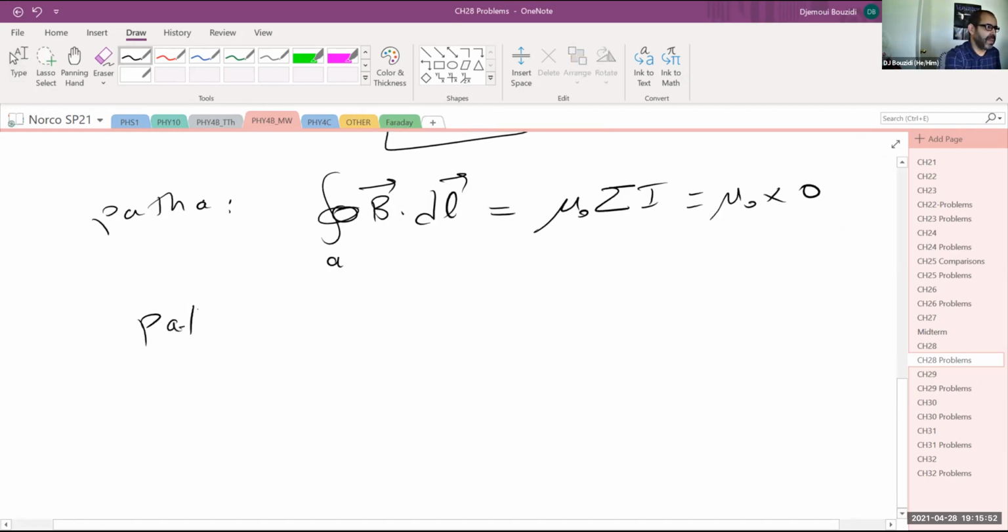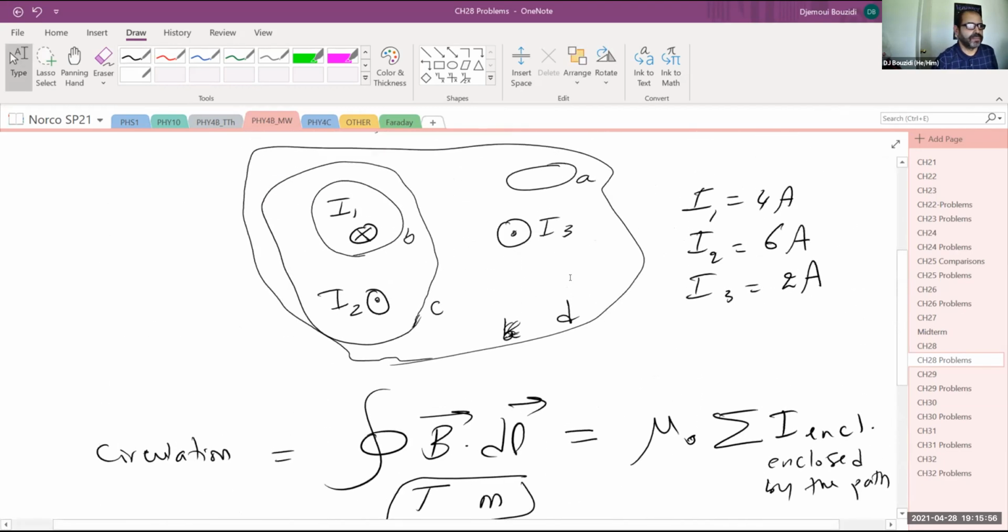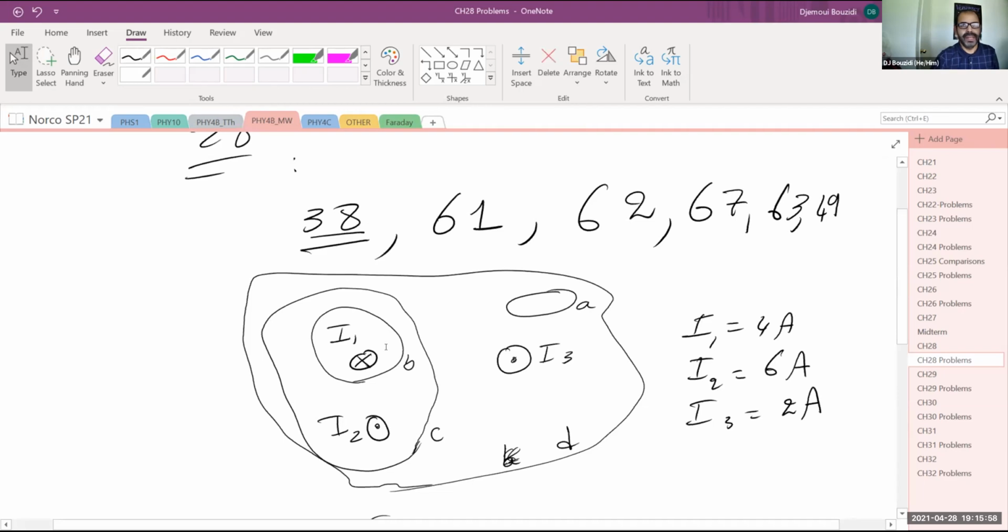Path B. Now I have to be careful with the signs, because for path B, the right-hand rule says we're always circulating counterclockwise. So these circulations are all counterclockwise. But the current is going in, so the magnetic field must be clockwise.